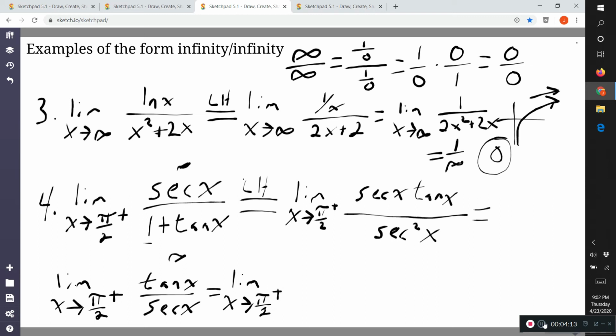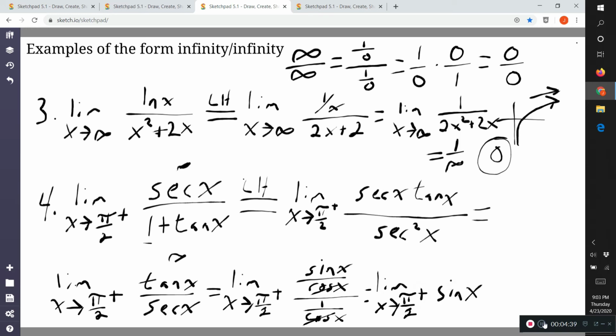Tangent is sine over cosine. And secant is 1 over cosine. Using our rule that dividing by a fraction is the same as multiplying by the reciprocal, we can cancel out the cosines. We get the limit as x goes to pi over 2 from the right of sine x.